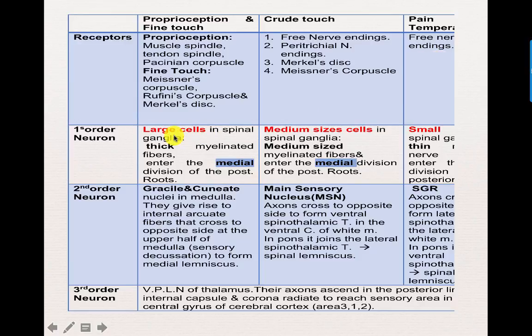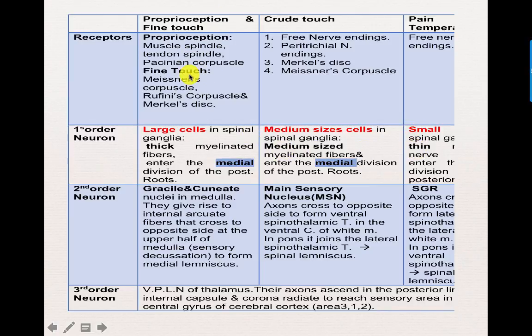In the first order neuron, they are all in the spinal ganglia, but here we have the larger cells in proprioception and fine touch, the medium-sized cells in the crude touch, and here the pain and temperature in the small cells. Remember that the larger cells have thick myelinated fibers, the medium have medium-sized myelinated, and the small have thin myelinated.